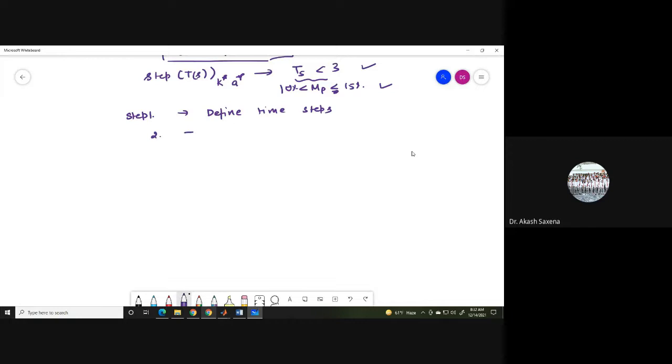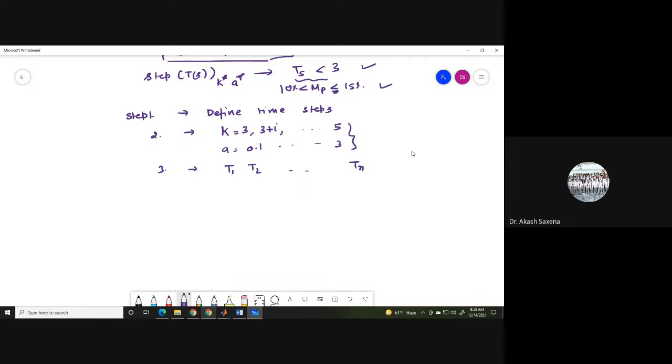Step 2: we will increase the value of K from 3 to 5 in steps of I, and increase the value of a from 0.1 to 3. In step 3 we construct different transfer functions, T1, T2 up to Tn.